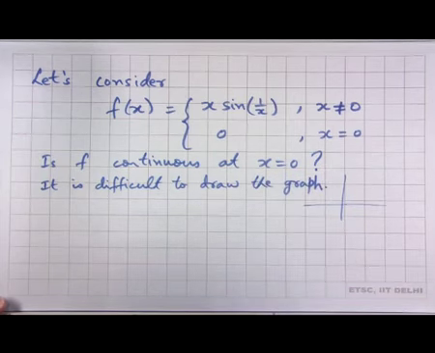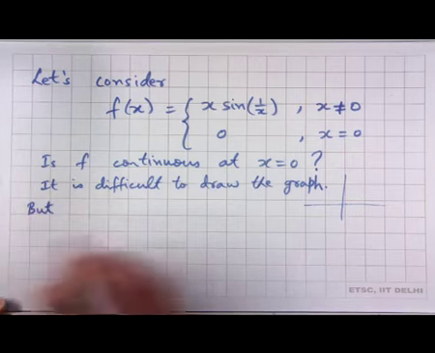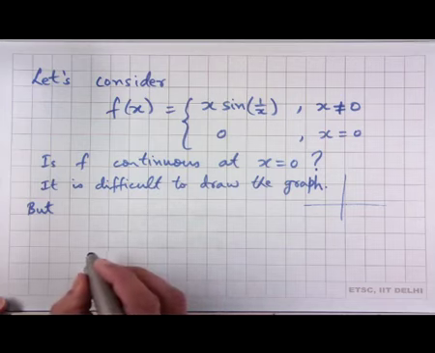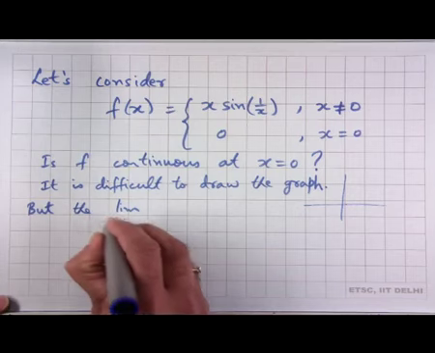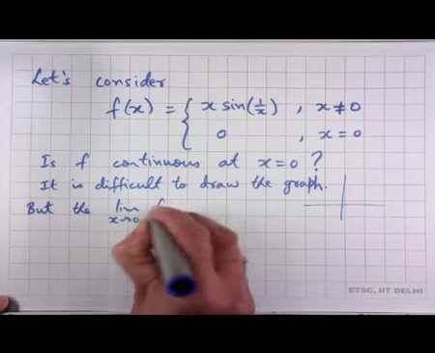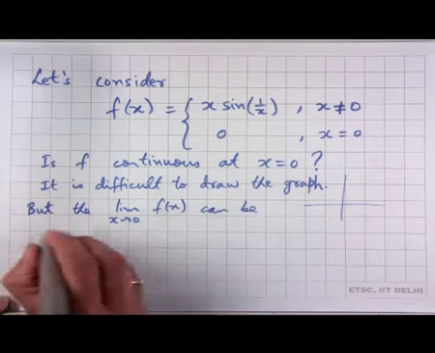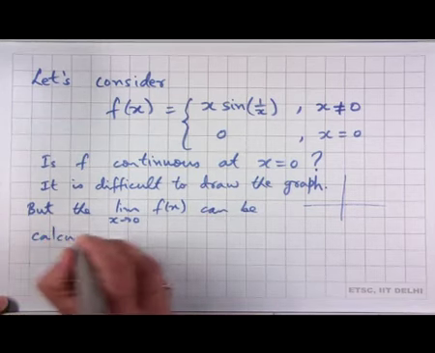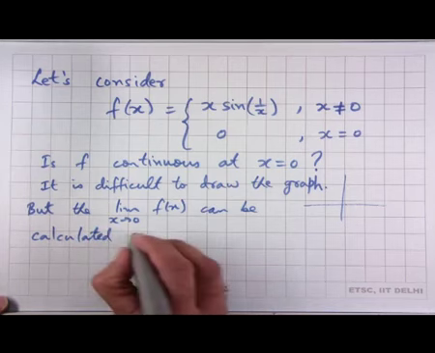It is difficult to see whether the graph is broken or not, but let us try to calculate the limit if we can. So, the limit of f of x as x goes to 0 can be calculated as follows.